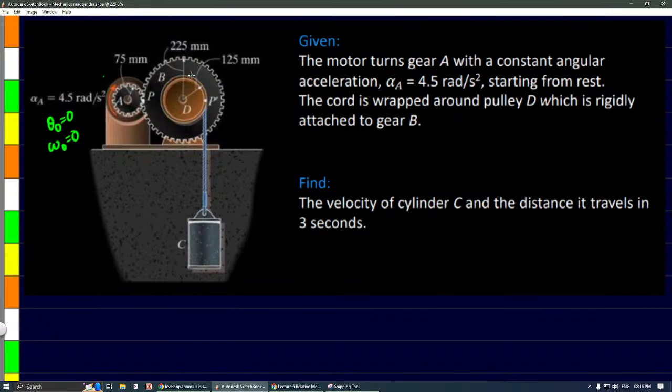And he is now asking us to find the velocity of cylinder C and the distance it travels in 3 seconds.